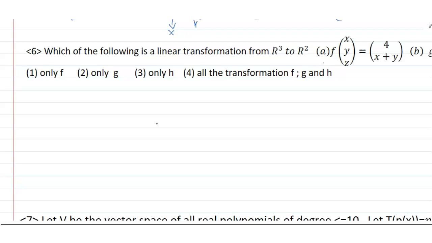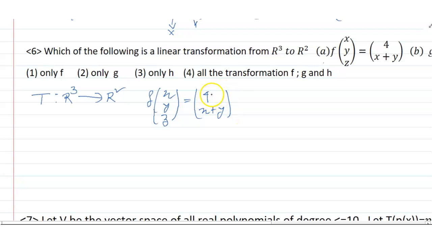Let's start to solve another problem on linear transformation. Linear transformation T such that R cube tends to R square, and f of x, y, z equals 4 divided by x plus y.